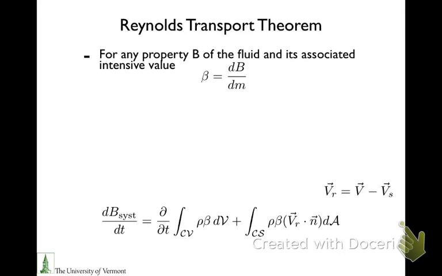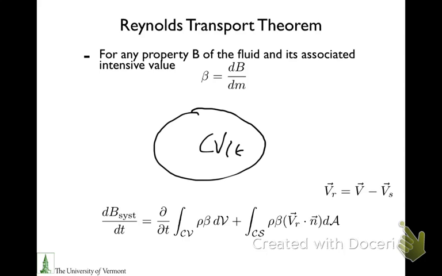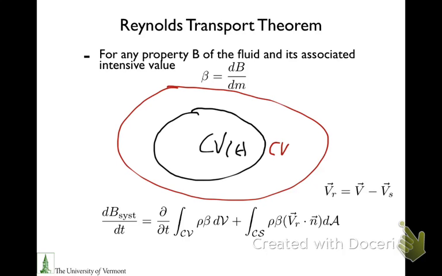So in the odd case that you have a control volume that, say, expands, so you have CV at T, and now you are expanding this, and you have CV at T plus delta T.